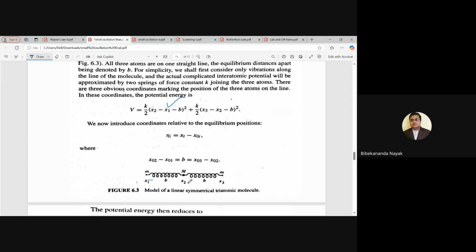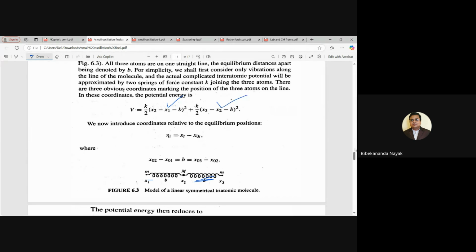So the distance will be X2 minus X1 minus B. If you can neglect B, then no problem, because B is a constant and its derivative has no meaning. Then second, here the equilibrium distance is B. If you slightly disturb it, then the net change will be X3 minus X2 minus B. So the total potential of the system, half kx square, looks like this.